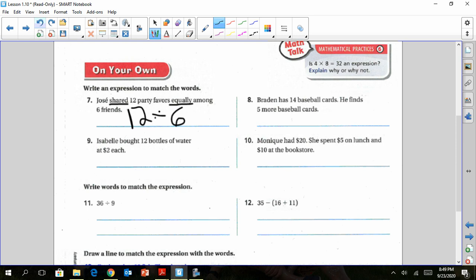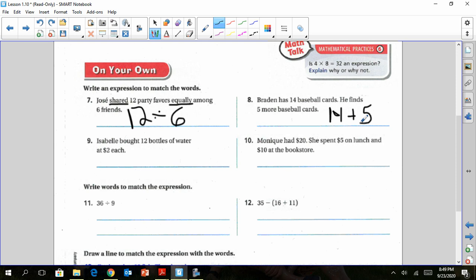Question number 8. Braden has 14 baseball cards. He finds 5 more. So he started out with 14. And then what happened? Well, he found 5 more. He's going to add those to his collection. 14 plus 5.